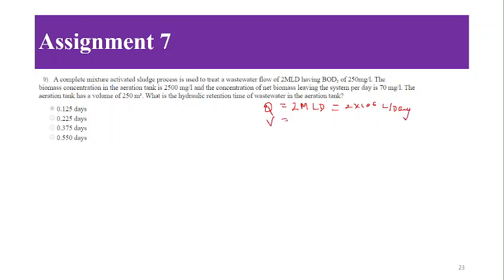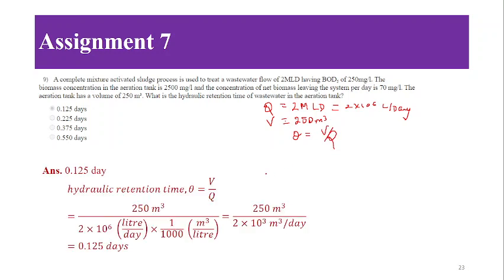And you know the volume as well, which is 250 meter cube. Now you need to find the detention time, which will be V by Q. So you use that relation, and here you convert this liter per day into meter cube per day, and divide the volume by flow rate. You get it as 1.125 days.